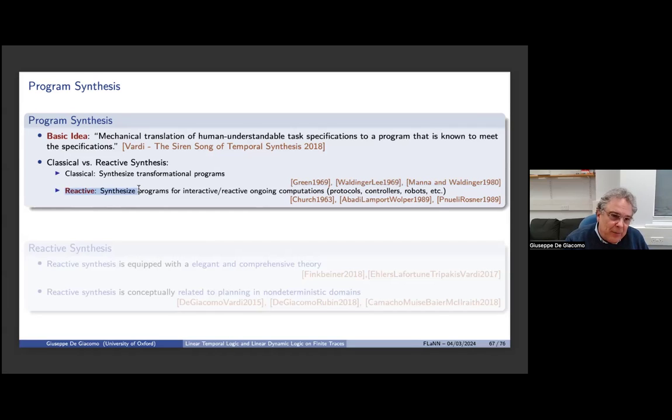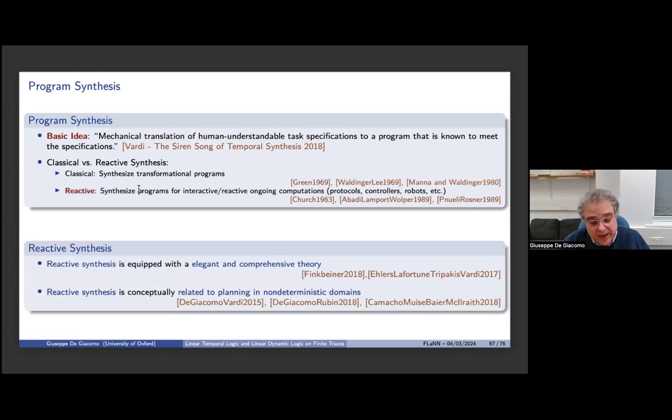And what does reactive program mean? It means that the input is not given all at the beginning, with the output computed at the end of the execution of the program, but the input of the program is given while executing the program itself, step by step. This is of interest every time you have some sort of interactive computation, maybe a web page executing in parallel with a human who is clicking in order to decide where the program should go.